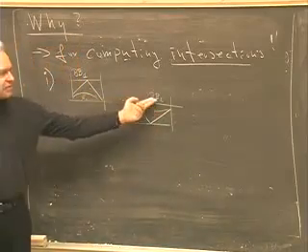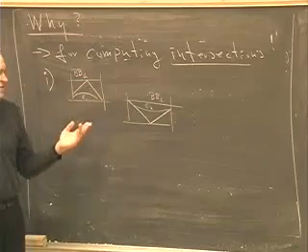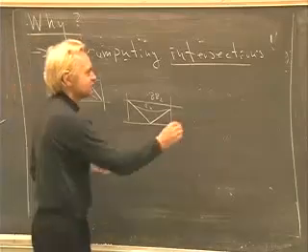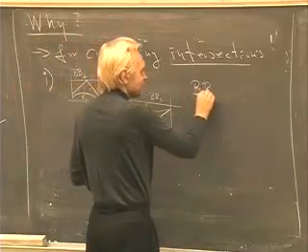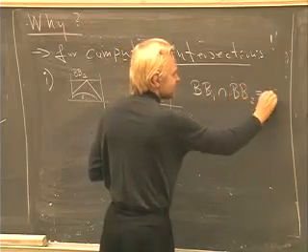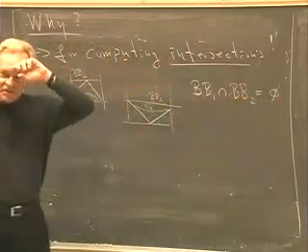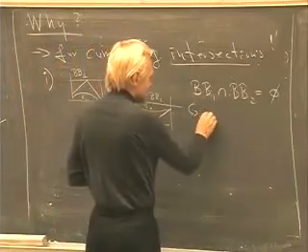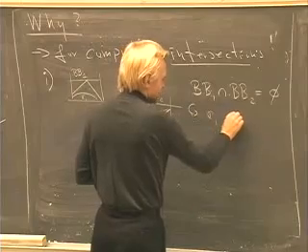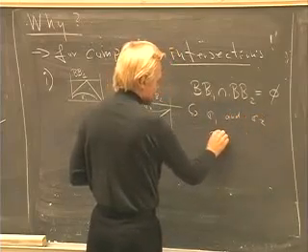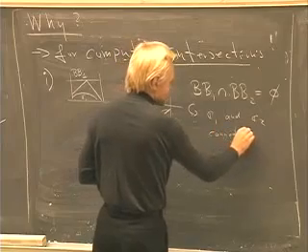BB1 and BB2 do not intersect, so therefore the curves cannot intersect. That's good. So you say BB1 intersection with BB2 is the empty set. Then C1 and C2 cannot intersect.